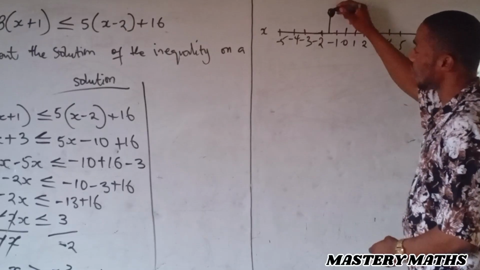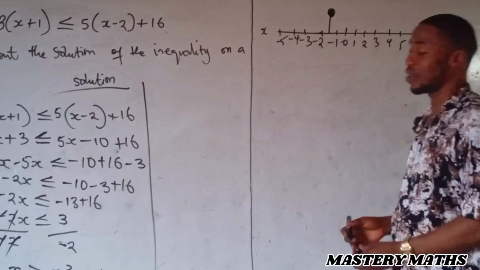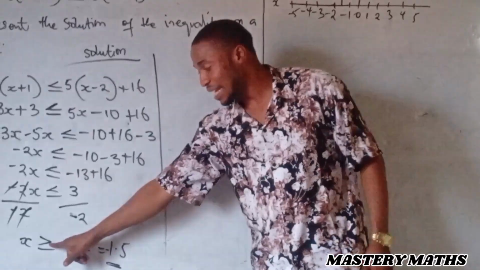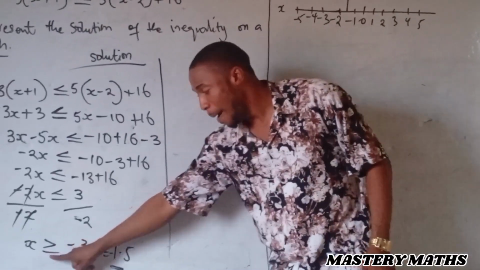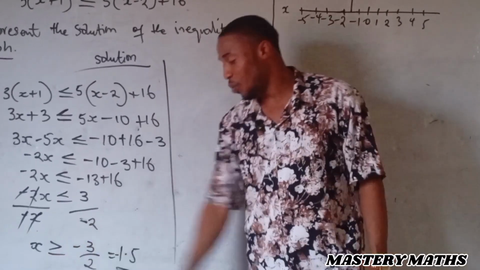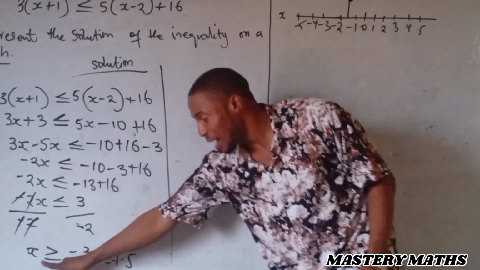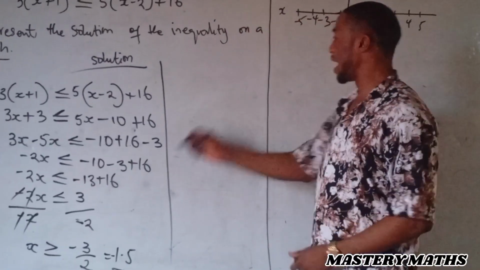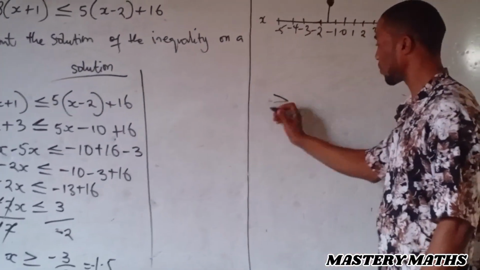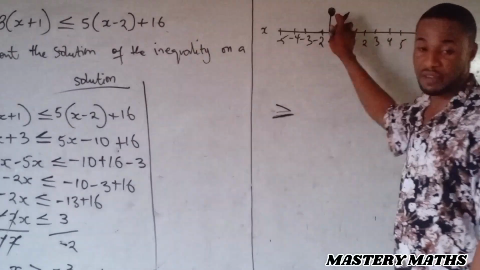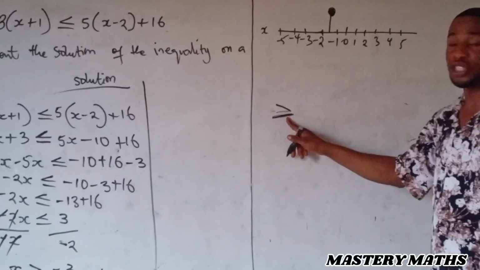I'll shade my circle because if you look at the inequality sign, it has a bar under it. This is greater than or equal to. It has this bar under that looks like an equal to. So whenever you have a question that has this under, you shade. But if it is not having it, you don't shade.